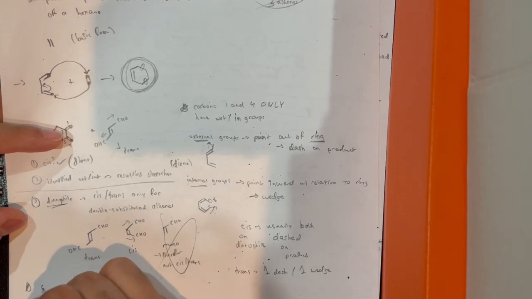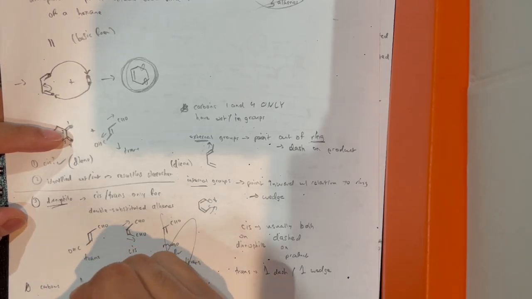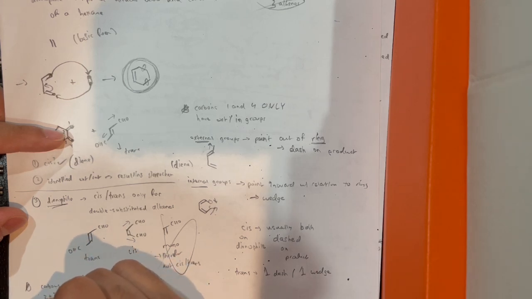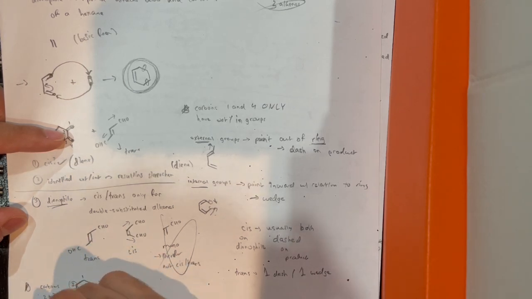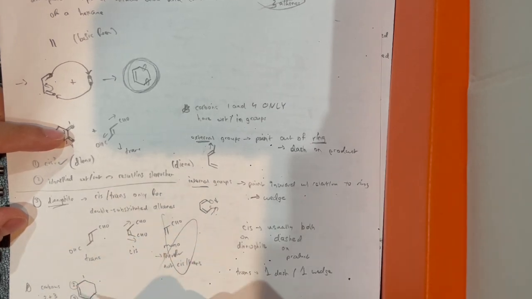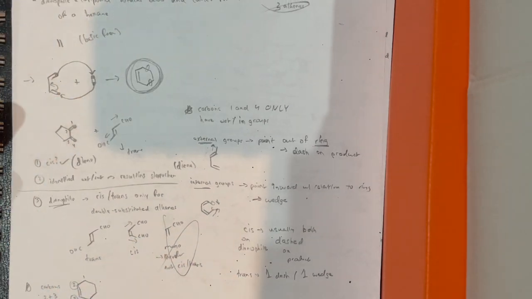So general rule, carbons 2 and 3 cannot have stereochem, and by stereochem I just mean wedge or dash. They can't, because sp2 carbons generally can't. They're too fulfilled, so they're not able to at all.